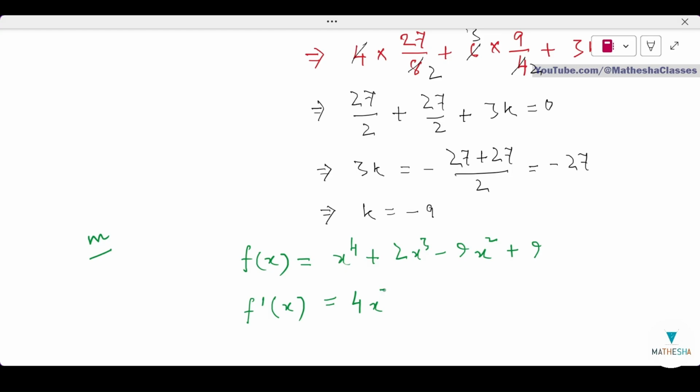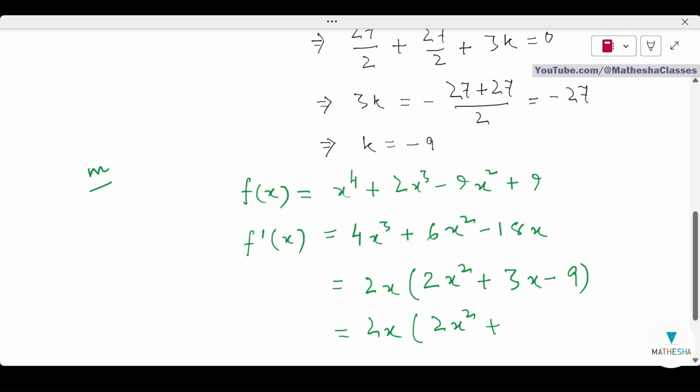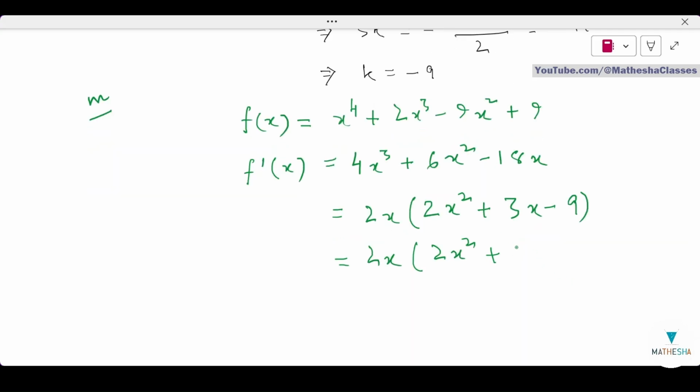This is 4x cube plus 6x square minus 18x, so that is 12x square... by taking 2x common we will be getting 2x(x square plus 3x minus 9), which is equal to 2x(x square plus 6x minus 3x minus 9).